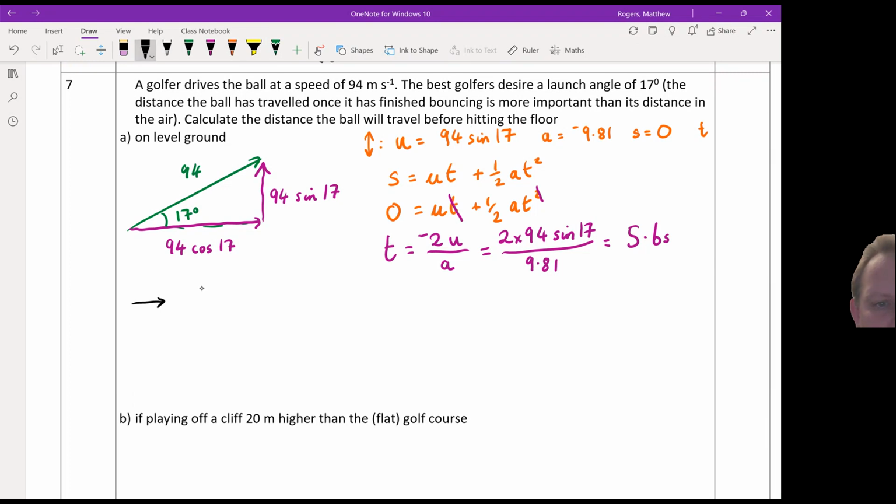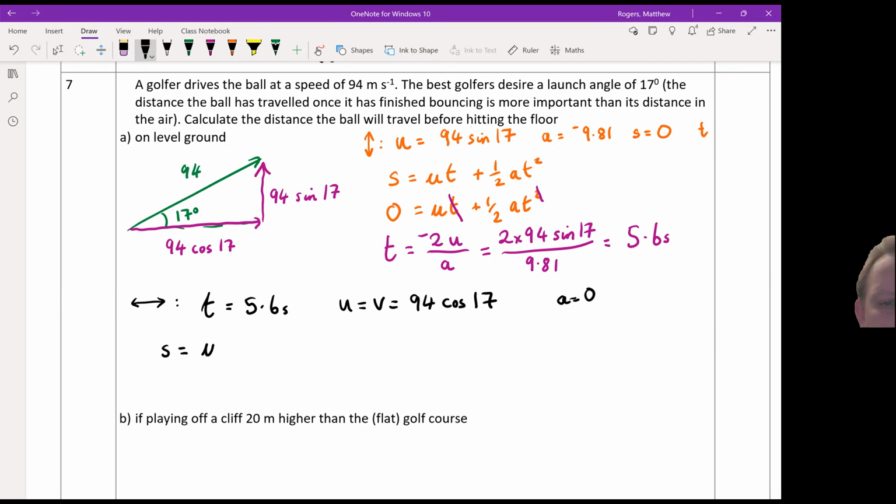Let's do that in black. In the horizontal direction, it's a much simpler setup. The time it's in the air for is 5.6 seconds, and it travels at a constant speed of 94 cos 17 meters per second. That's because the acceleration is equal to 0 in the horizontal direction.